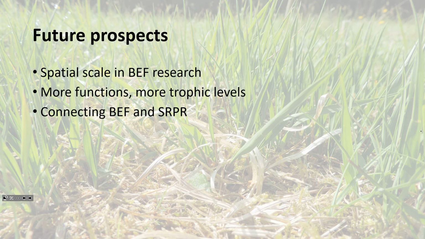Let's see. So, what to do? Maybe we should also try to scale up biodiversity ecosystem research, not to be on small localities, and there are already a few studies trying to do this, at least theoretically. So it's comparable with observational studies. We need to look at more functions. We need to also look at more trophic levels, because most of the studies are looking at plants.